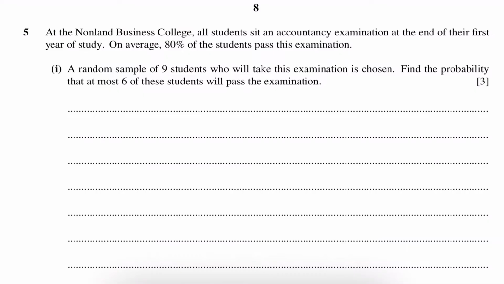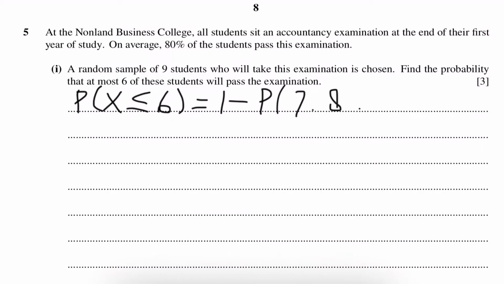A random sample of 9 students who will take this examination is chosen. Find the probability that at most 6 of these students will pass the examination. So at most 6 means x is smaller than or equal to 6. This is technically 1 minus the probability of getting a 7, an 8, and a 9.